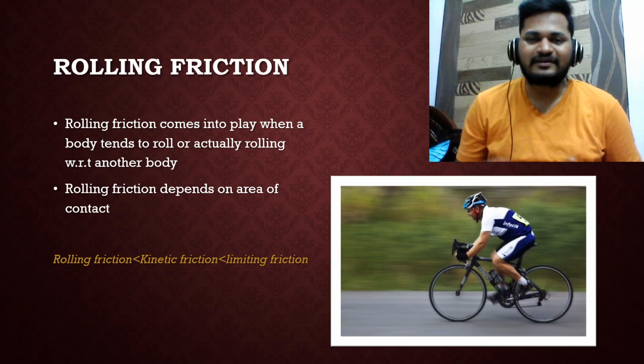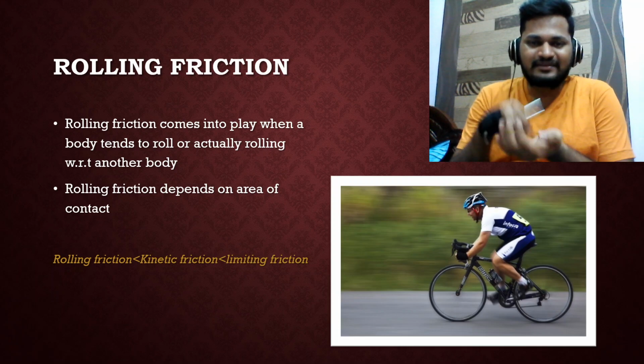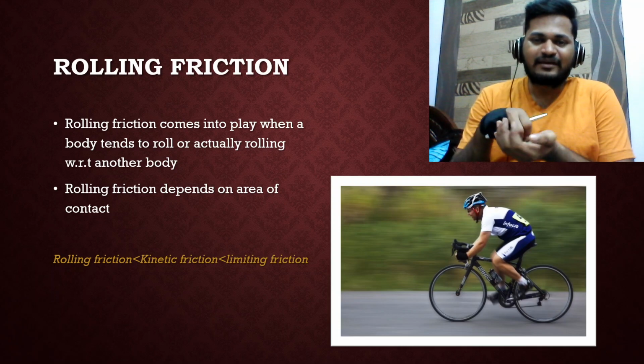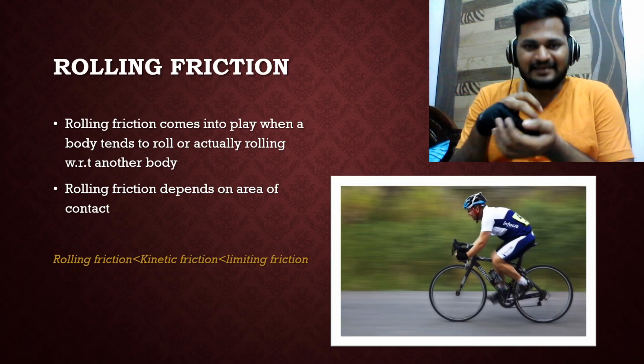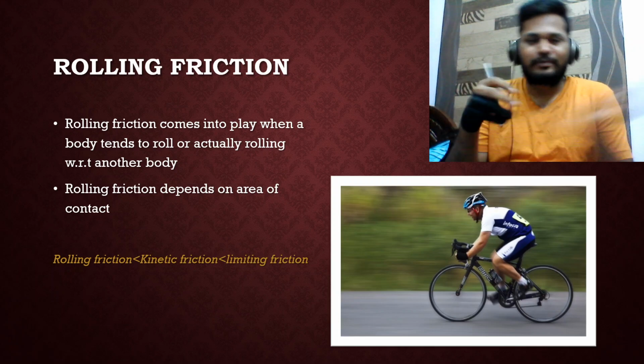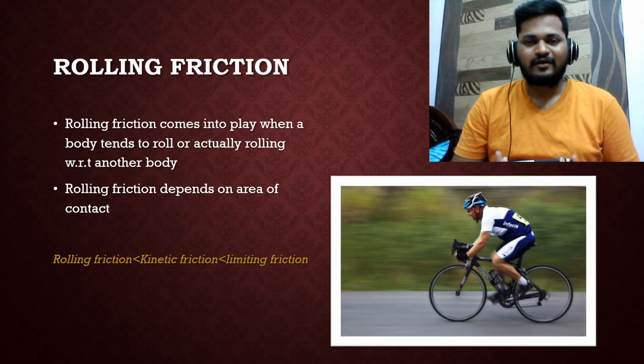You have to exert greater force. But when the tires are filled with air, the area of contact with the ground is less, and it is easy for you to pedal the bicycle. So rolling friction depends on area of contact.